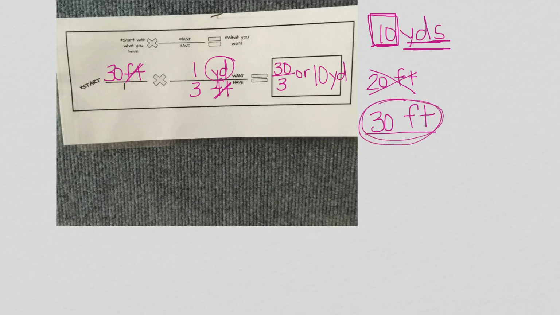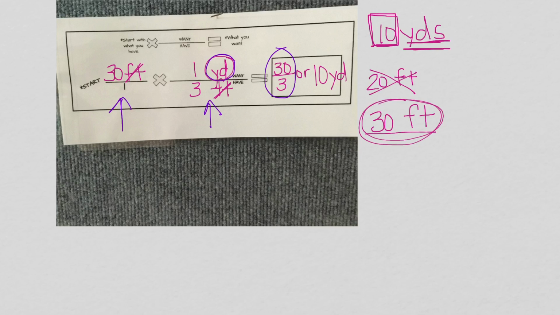So that's how you're going to do that for each one of those. You're going to convert. You start with what you have, go to what you want, and then multiply it. And this will show you if you're multiplying or dividing, and then you will get your answer because you converted it to yards.